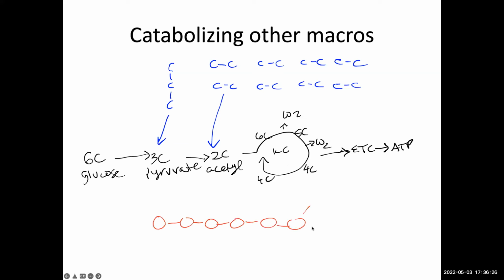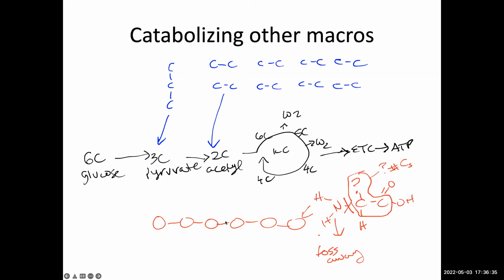Now, if we look at what a protein is, it's a polymer of subunits, and each subunit is what? That's being diagrammed over here. Proteins are made of a series of covalently bonded what?